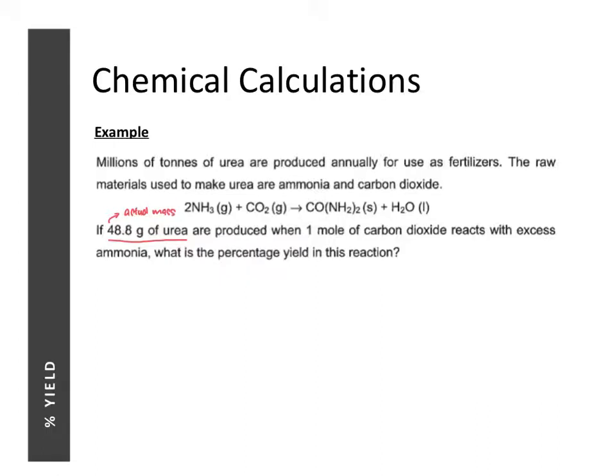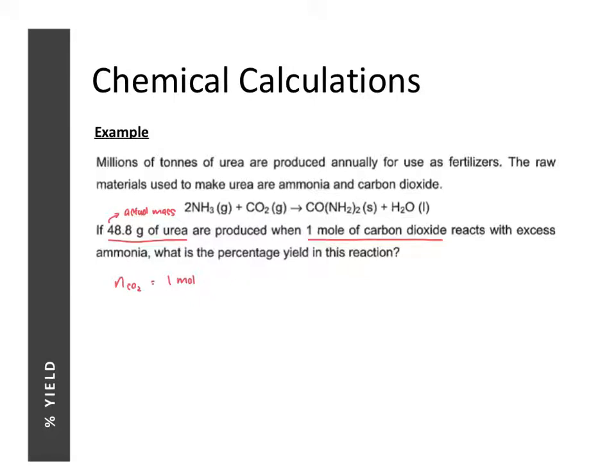So we have already gotten the actual mass from the question. Now we need to obtain the theoretical mass, or the mass that we calculate based on the amount of reactants. So let's look for the amount of reactants: when 1 mole of carbon dioxide reacts with excess ammonia. The question tells you that you have 1 mole of carbon dioxide. Now we need to find, based on this 1 mole of carbon dioxide, what is the mass of urea that we can obtain.